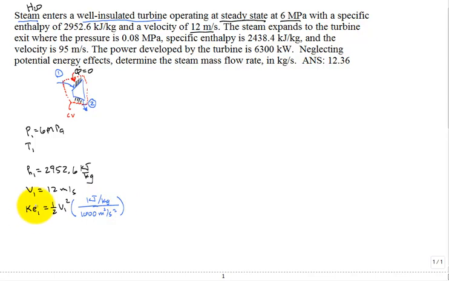Let's do that right away. We calculate that kinetic energy of the steam coming in is a whopping 0.05 kilojoules per kilogram. It's pretty much negligible, but let's include it.